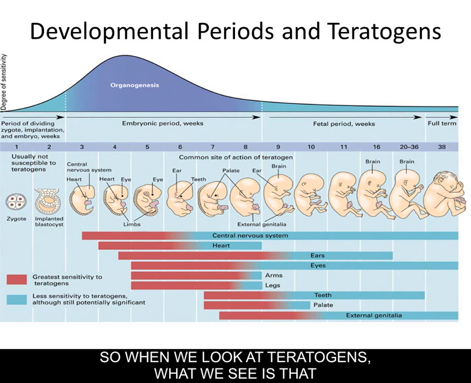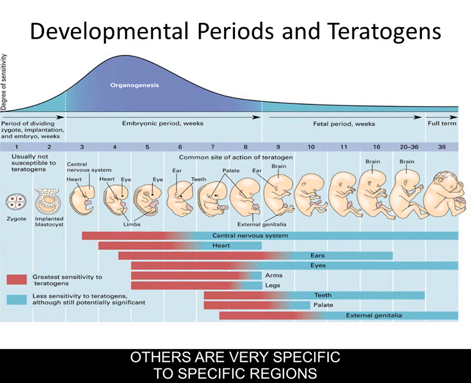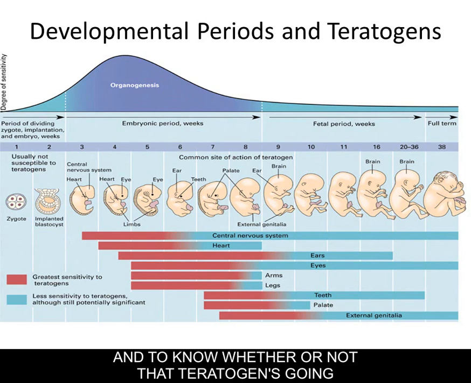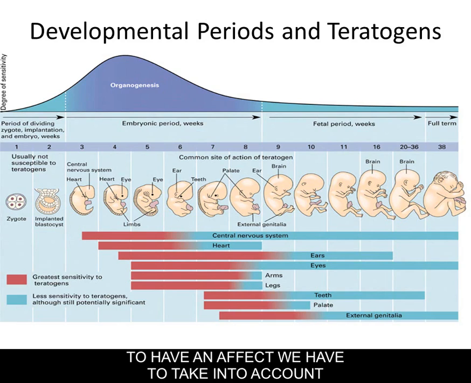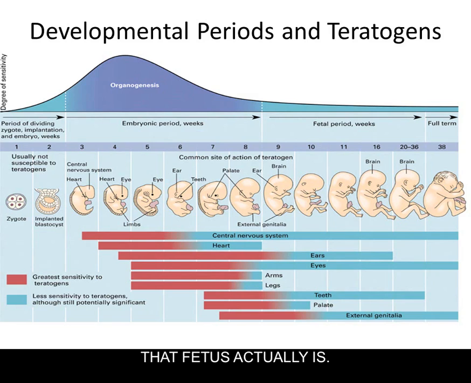So when we look at teratogens, what we see is that they can have impact on a number of different things. Some of them carry over to a large system of different problems. Others are very specific to specific regions. And to know whether or not that teratogen is going to have an effect, we have to take into account how far along in the developmental process that fetus actually is.